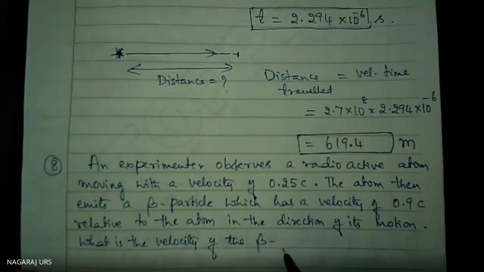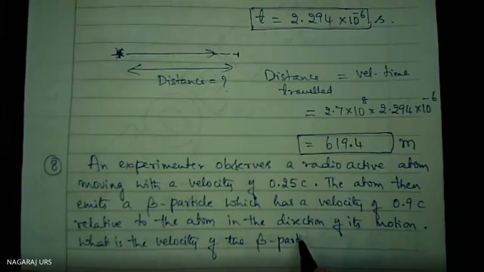You know about alpha particles, beta particles, gamma rays. Okay, one of the particles, that's all. Don't worry about that. It is just a particle, a beta particle.